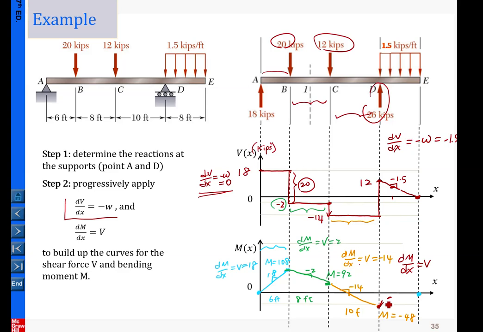So in the final segment it should be a portion of a parabola, something like this. Schematically, this is a parabolic shape approaching 0 here, and because V becomes 0 at the final point, the slope equals 0, so this parabolic curve must be tangent at the end point there. That is the schematic drawing.